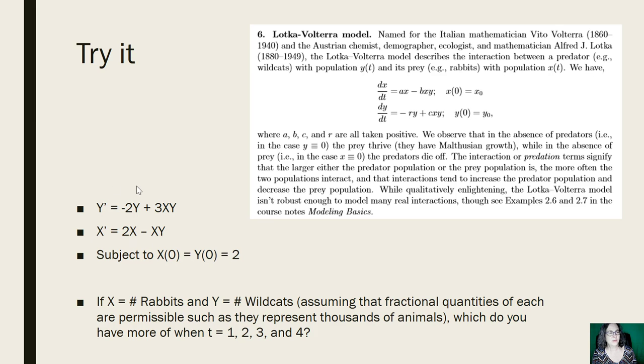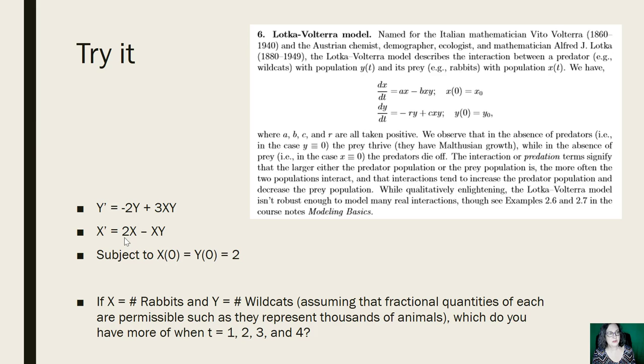Now, the numbers you're going to get here, maybe if you imagine these as being thousands, where X and Y are thousands of wildcats or thousands of rabbits, maybe the numbers might make sense. But we're just going to use it with whole numbers. So y prime is negative 2y plus 3xy, so that's going to be my deriv 1 equals.